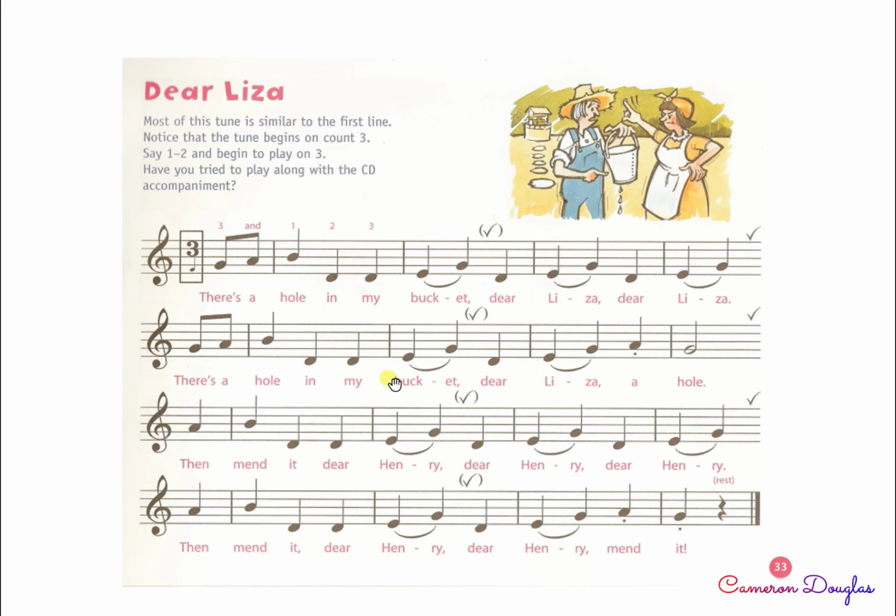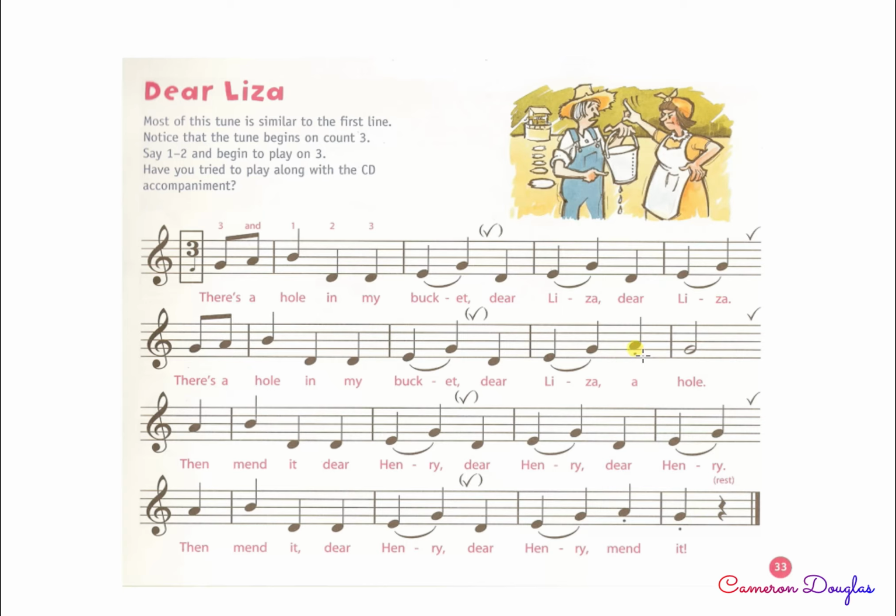Okay, very, very repetitive. Don't forget the slurs and also the staccatos. Okay, so the slur between notes E and G, and it's the same thing throughout the song. So remember, you just move your hands or move your fingers and just keep blowing.